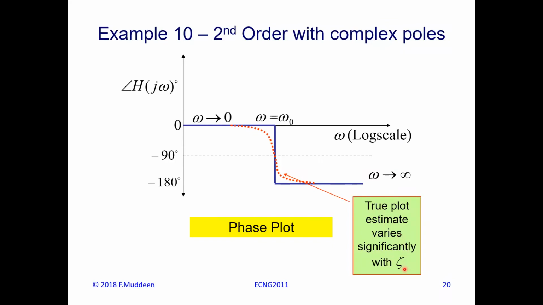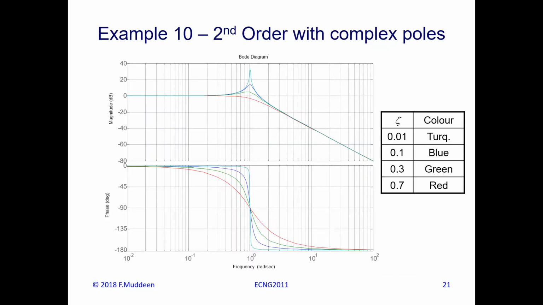What we're going to observe is that when we start changing our damping factor, in the next slide, this is how the actual magnitude and phase plots change as well. As zeta, being our damping factor, tends towards 0, we see in the magnitude plot there's going to be a more prominent peak here.